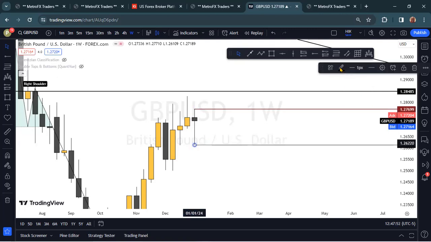Move it down a little bit. Within the whole week, we need to put our resistance levels on top, support levels on the bottom. This is our trading zone. This is where we want to stay within that week.